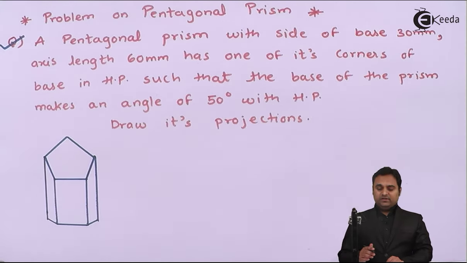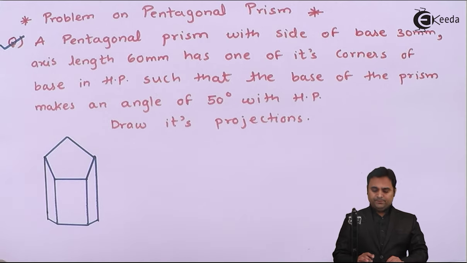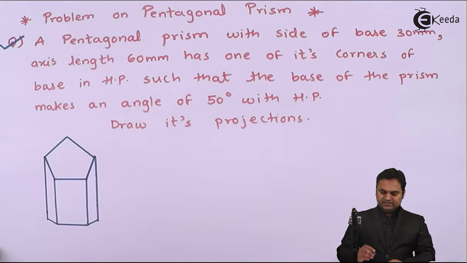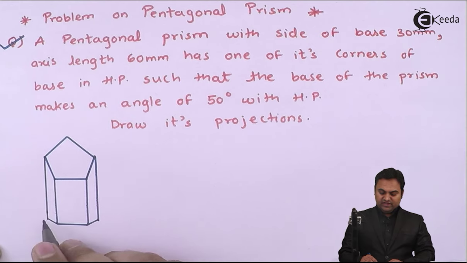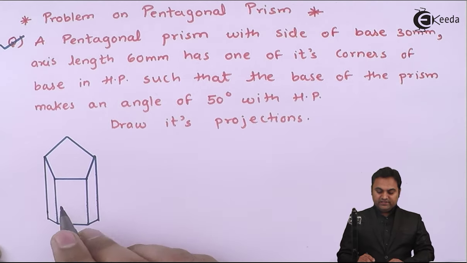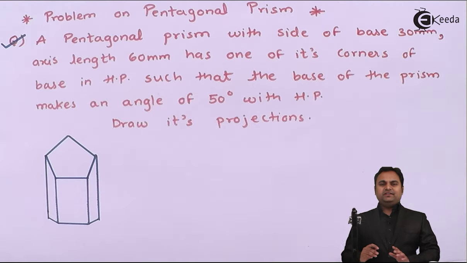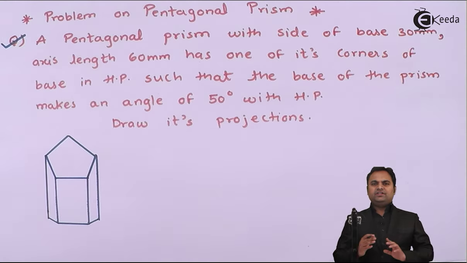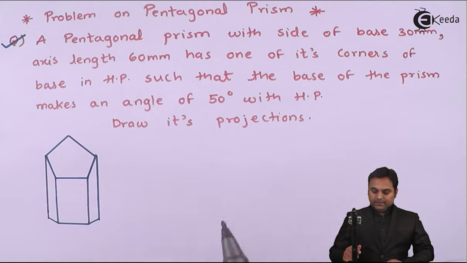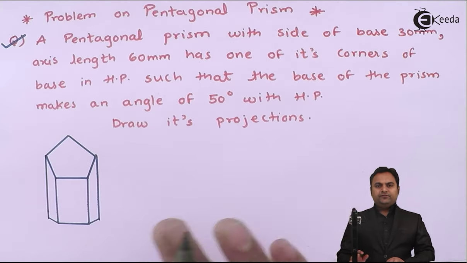Now, here is the diagram of a pentagonal prism. It is having a pentagon at the top and it will be having the pentagon even at the bottom. Next, here I need to understand how the initial condition would be. Pentagon can be drawn in two different ways.